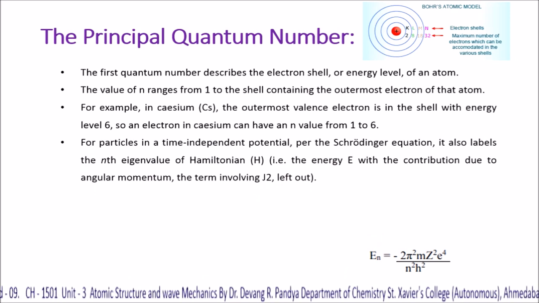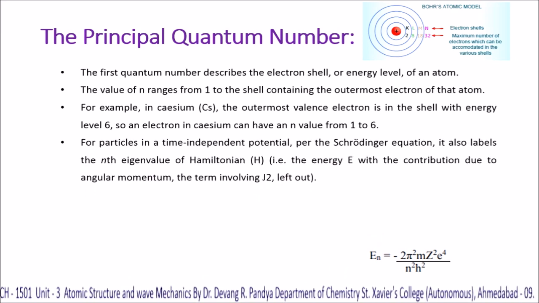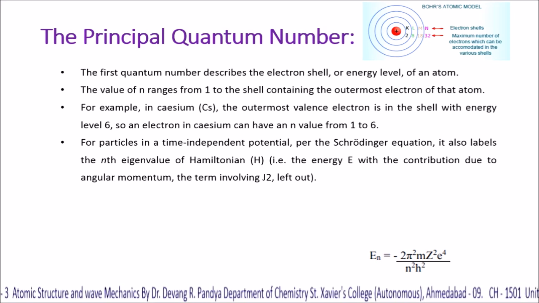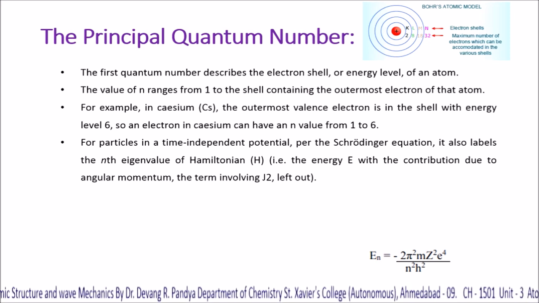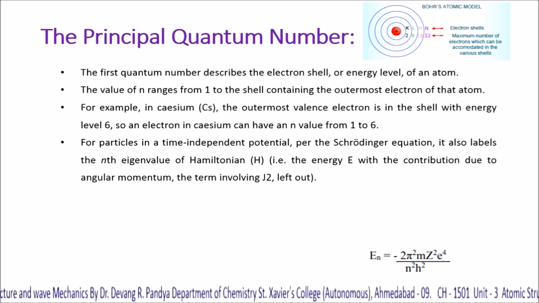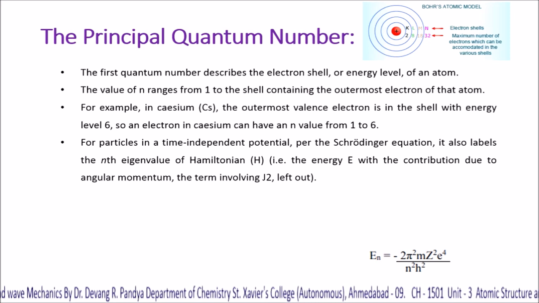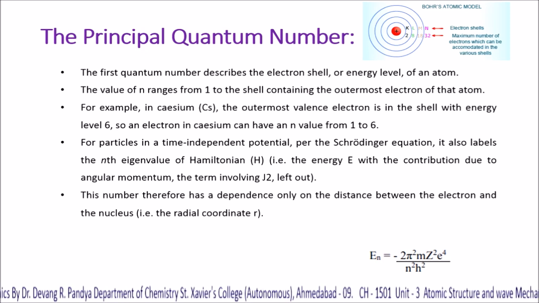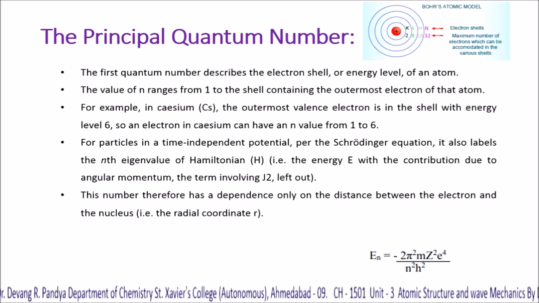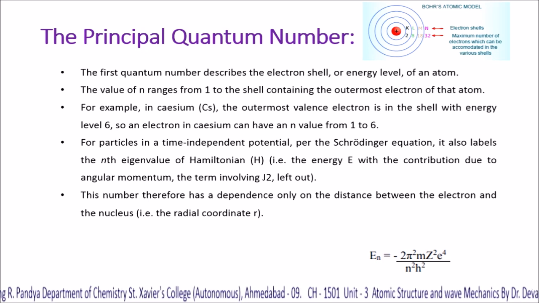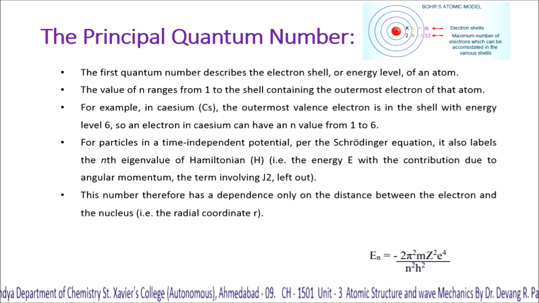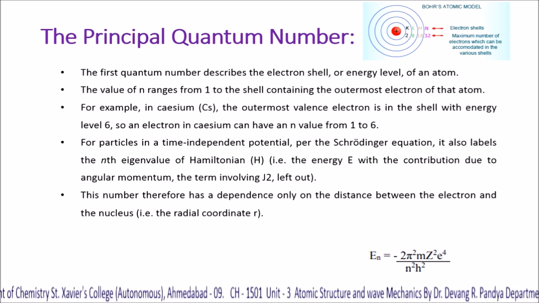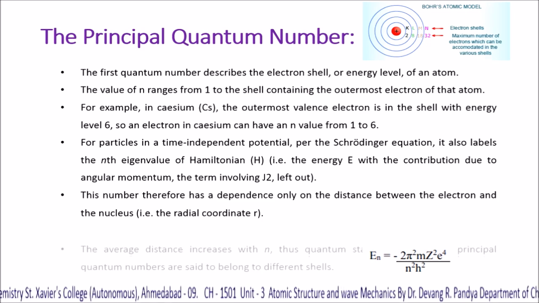For a particle in a time-independent potential per the Schrödinger equation, it also labels the nth eigenvalue of the Hamiltonian. The energy E, with the contribution due to the angular momentum, the term involving J squared, will be left out. This number therefore has a dependence on the distance between the electron and the nucleus, or we can say the radial coordinate r. So the principal quantum number can be obtained from the radial coordinate r.